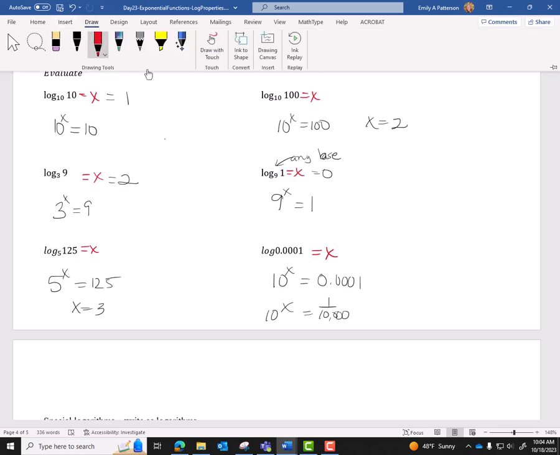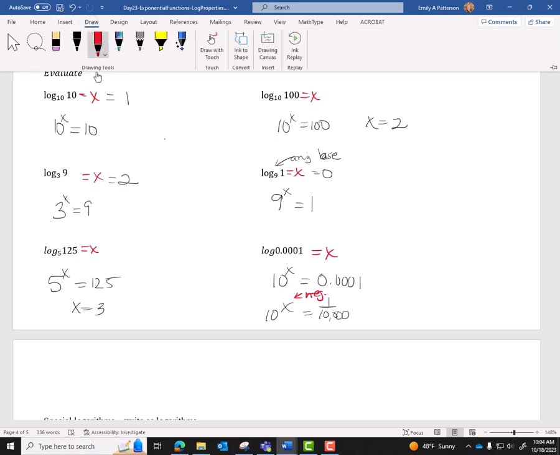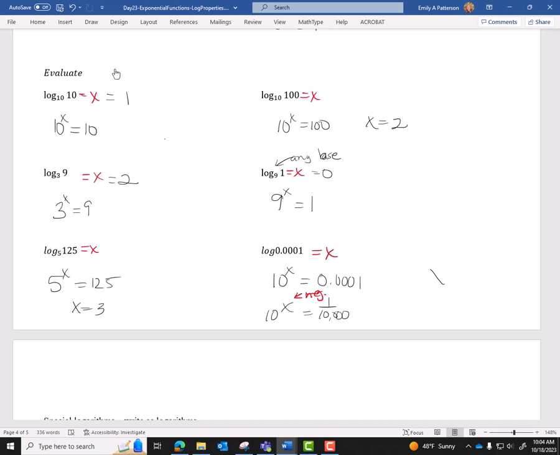So this value here is going to be negative. So what we're doing is we're flipping this over: 10,000 is 10 to the 4th, but 1 over 10,000 is 10 to the negative 4th. So this x is equal to negative 4.